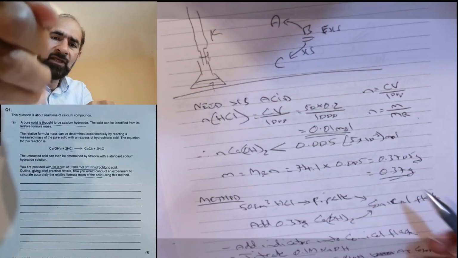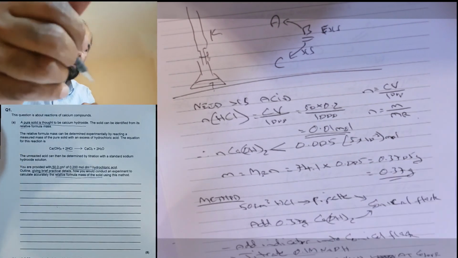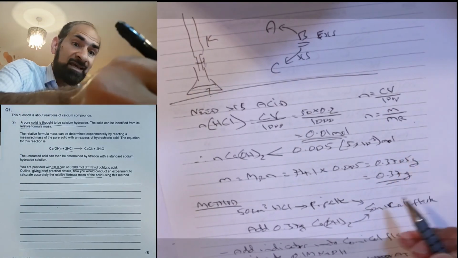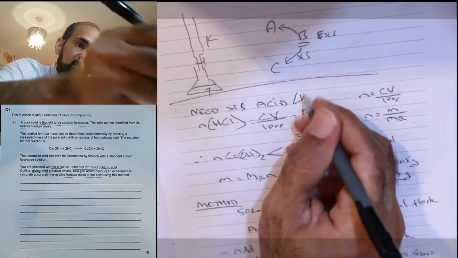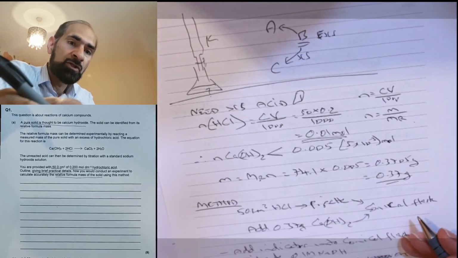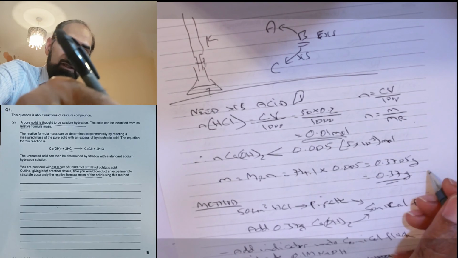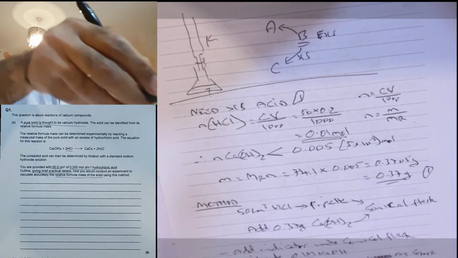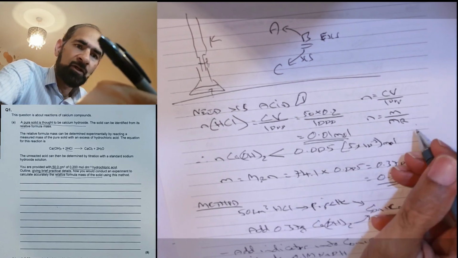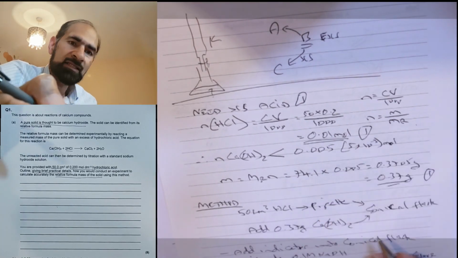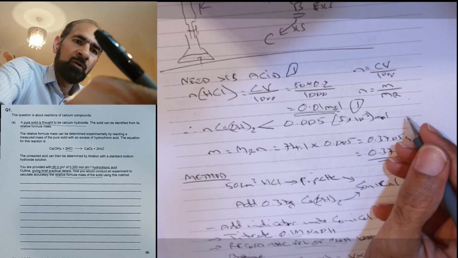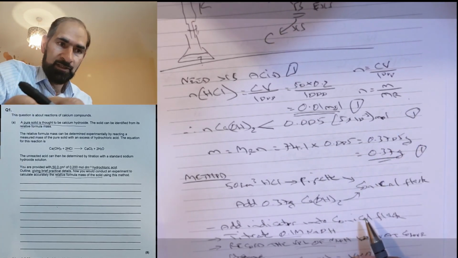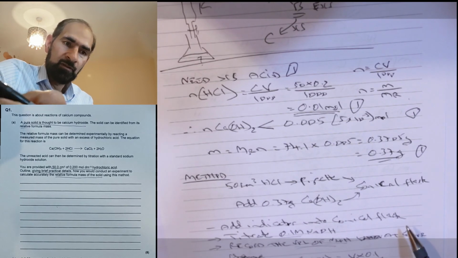In terms of marking, the marks will probably be for saying that the acid needs to be in excess. Then you need to work out the mass of the calcium hydroxide that you're going to have to weigh, and the moles of the acid that you're going to be using. So there's going to be the moles of the calcium hydroxide that you need to start with.